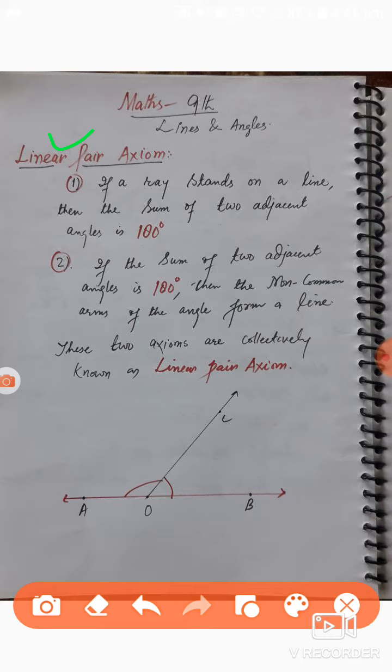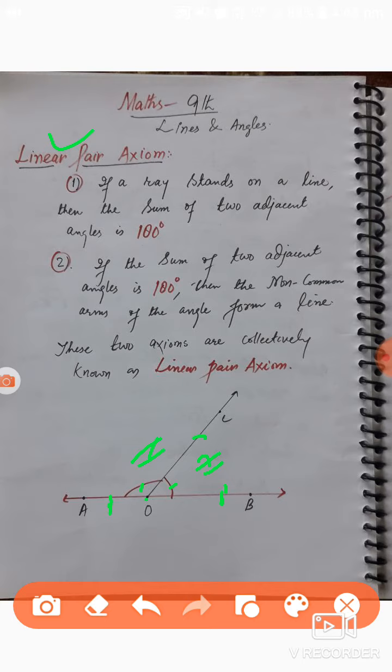We know two adjacent angles are said to form a linear pair if the non-common arms form a straight line. That is, in this figure, we see that angle AOC and angle BOC are adjacent angles because they have a common vertex, a common arm, and two non-common arms on different sides of the common arm.